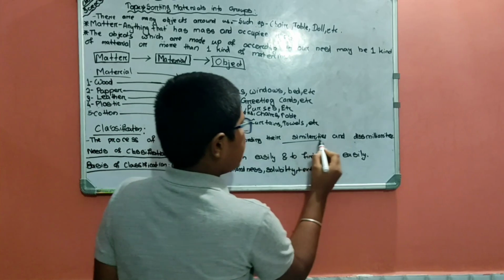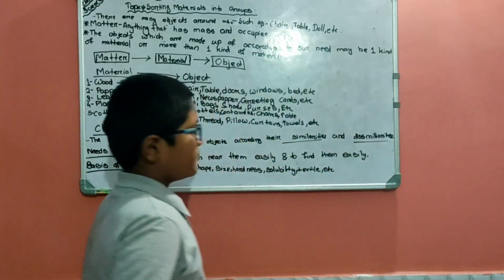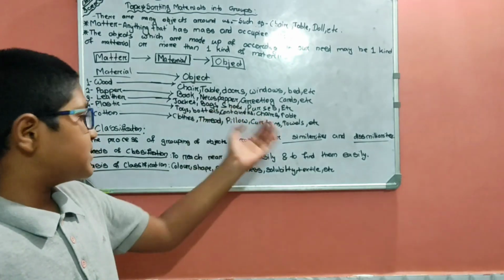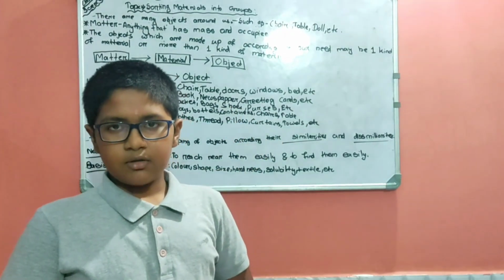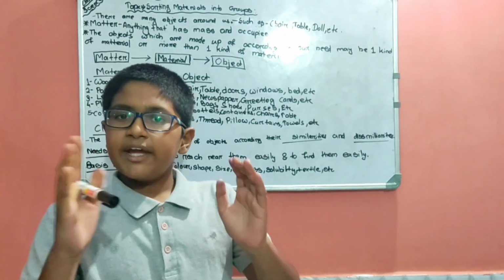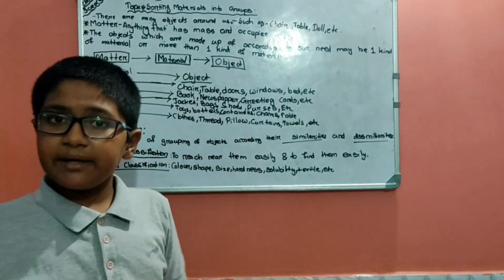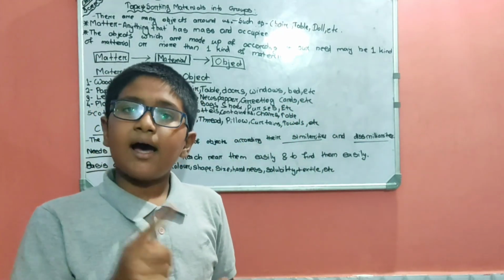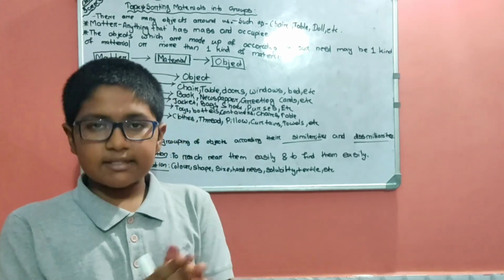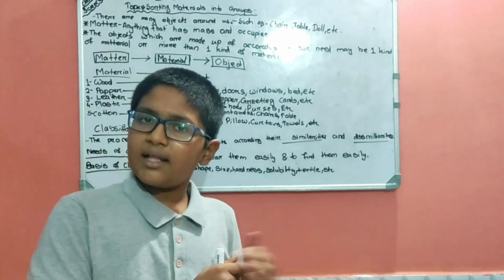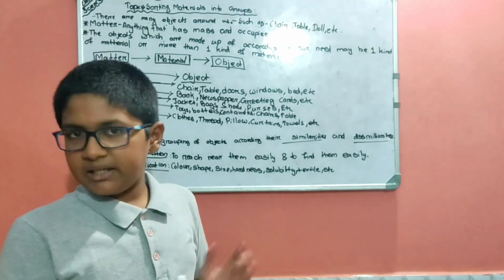Similarities and dissimilarities: if you take Good Day or Marie Gold biscuits, they will be kept on a separate shelf because they are in one group, biscuits, though with different names. These are the similarities.